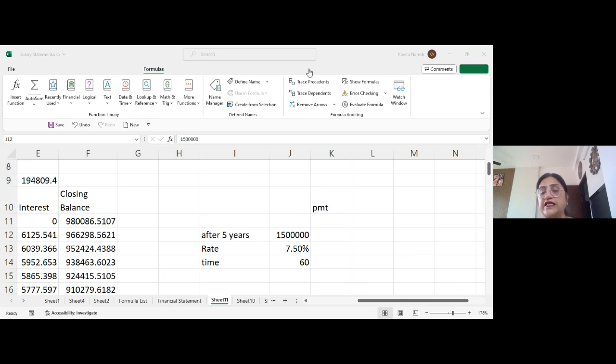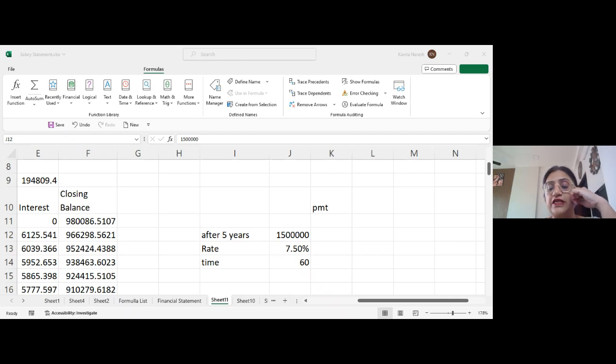In a bank or with a financer where I'm going to deposit my amount, I'll get an interest rate of 7.5%, and the time will be 60 months, because 5 years is 60 months. So is 15 lakh rupees a PV or FV? I'm waiting, please type immediately.